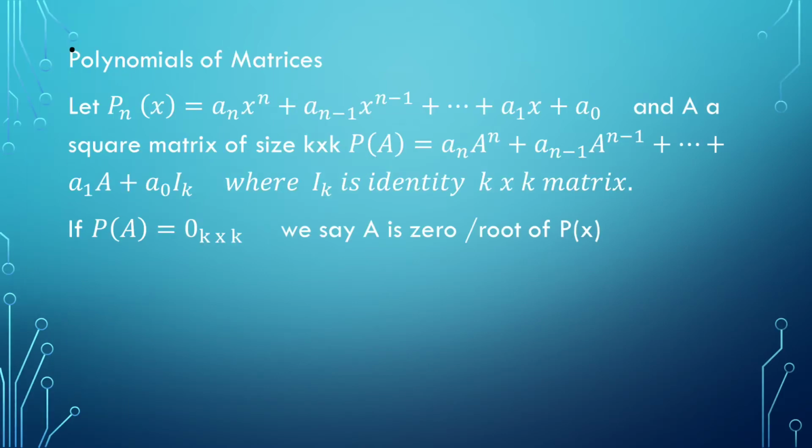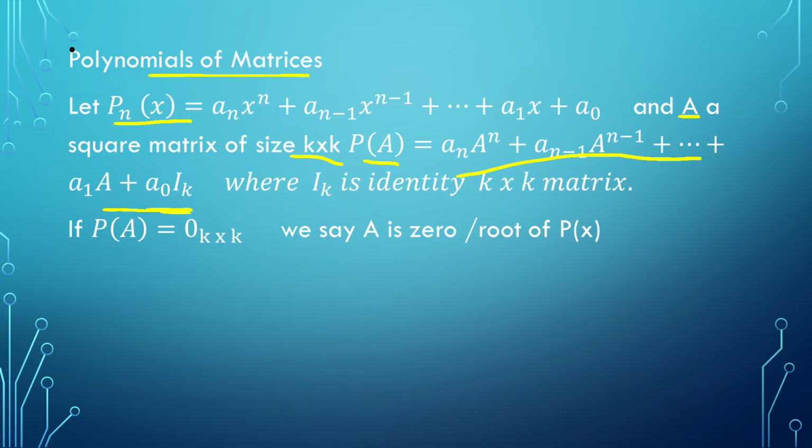So let's look at polynomials of matrices. Let p(x) be a polynomial and A be a square matrix, which is k by k, that means it's a square matrix. Then p(A), the polynomial of the matrix, will be described as this: a_n A to the power n plus and so on, plus a_0 times the identity matrix.